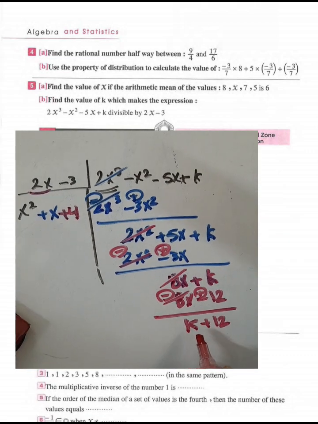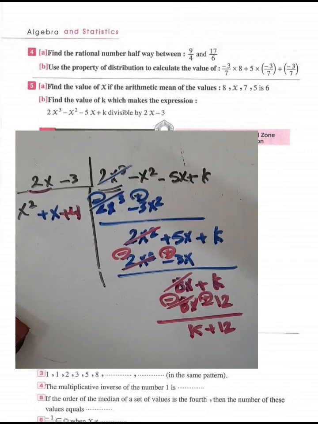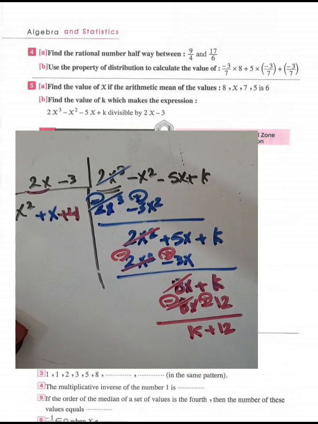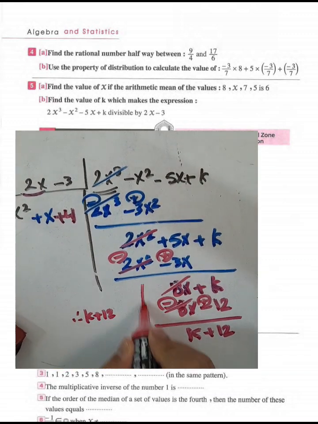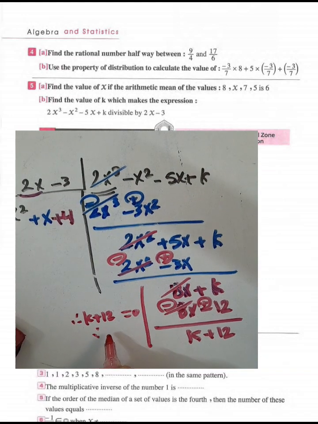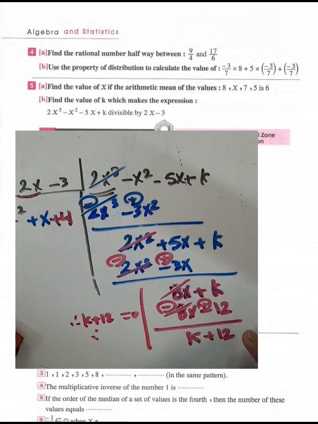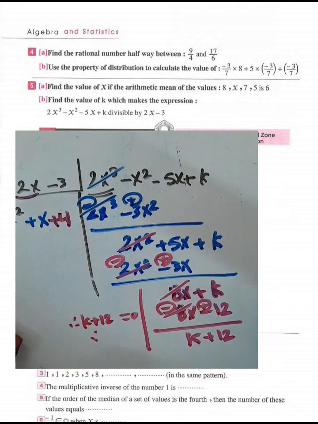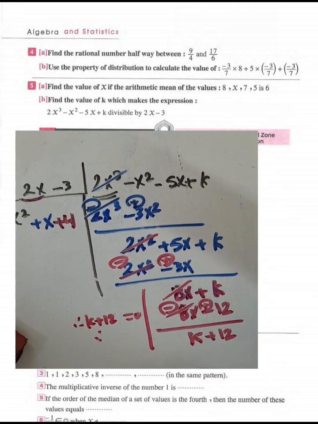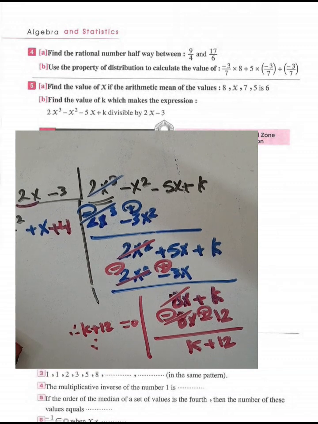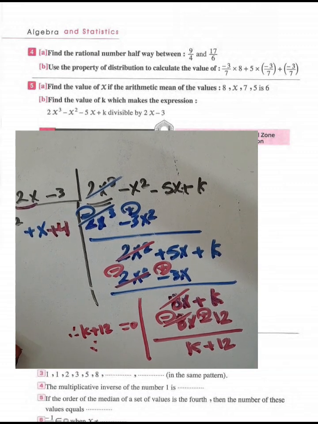Then we have k plus 12 equal 0, because this expression can be divided by the other. Then k plus 12 will be equal 0. Here 4 times 3 is equal 12, and we have k and 8x.